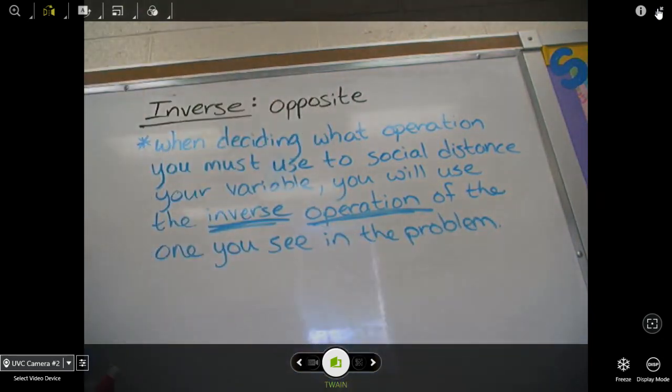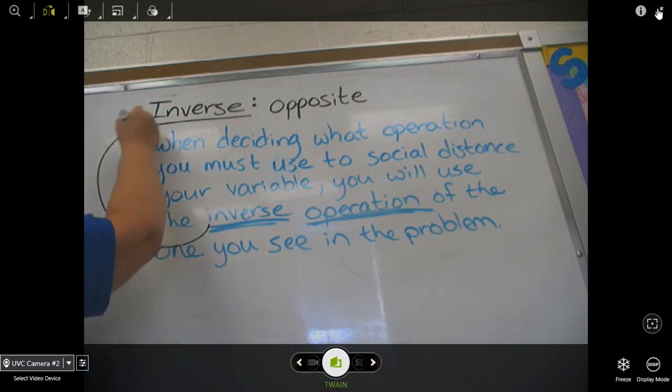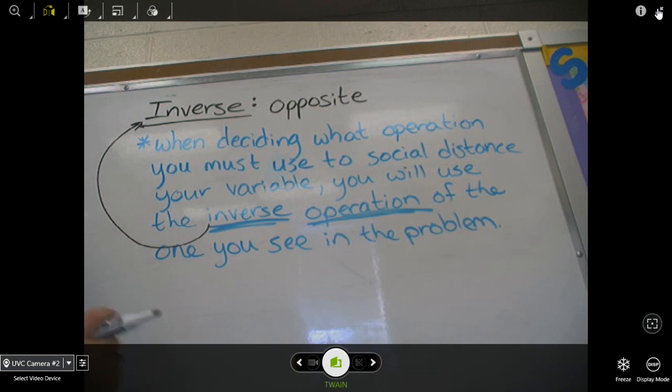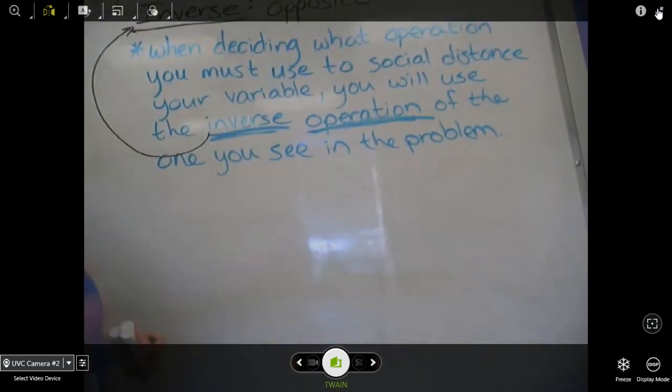Okay? So you'll use the inverse operation. So remember, inverse means opposite. So let's look at our operations.